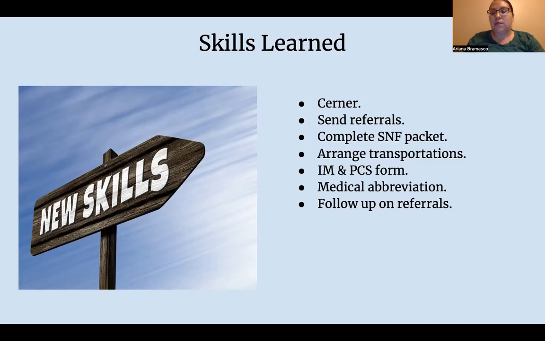I had to tell them that I needed a signature, and I had to make sure they understood why they were signing this paper. I also learned medical abbreviations such as DME, which is durable medical equipment. I also learned how to follow up on referrals through Allscripts or through phone.